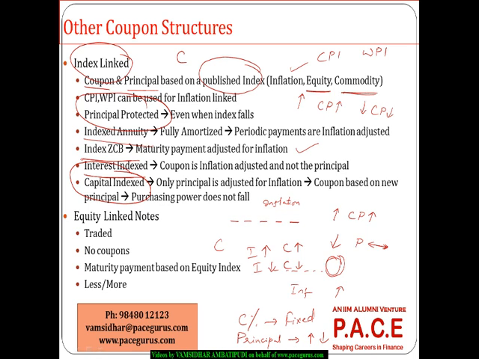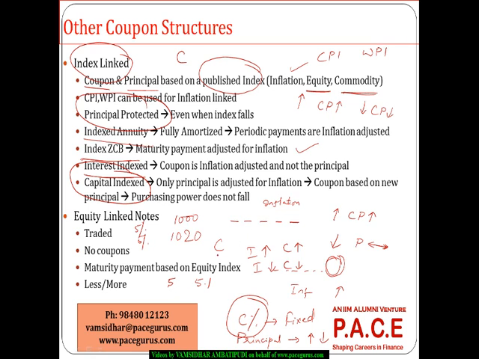So the principal is increased with inflation, but the coupon percentage is fixed, which means even if the principal earlier was 1000, now because of inflation the principal could become 1020, but the coupon rate could still be 5%. So whatever was the coupon earlier of 5, now I could visualize that the coupon is going to be 5.1.